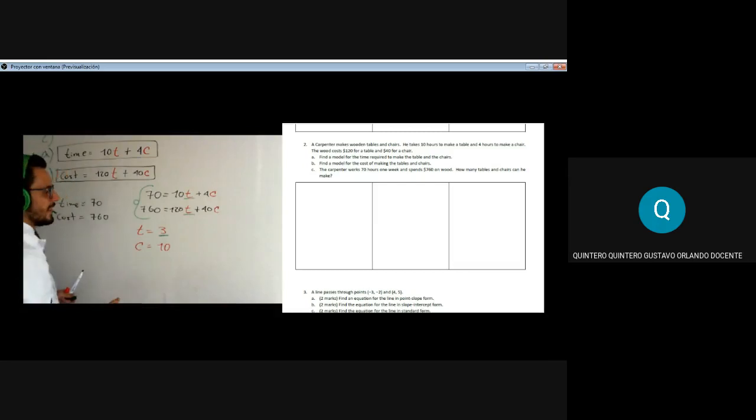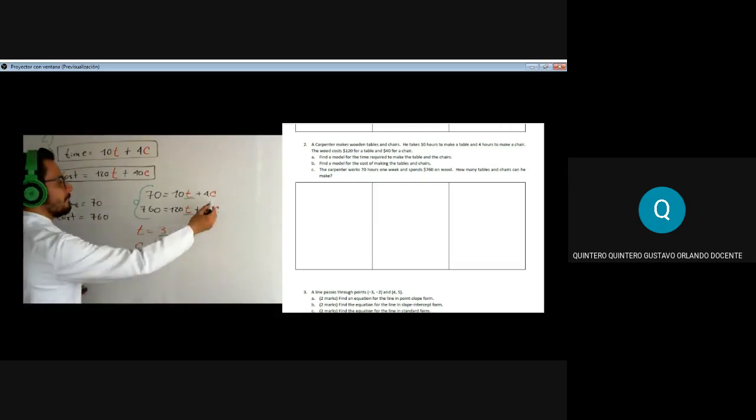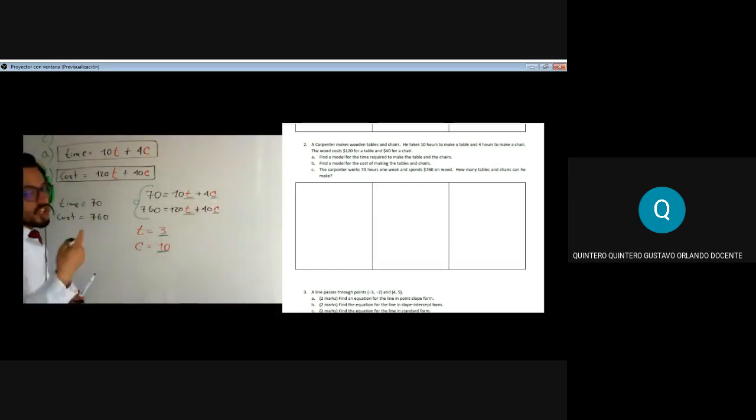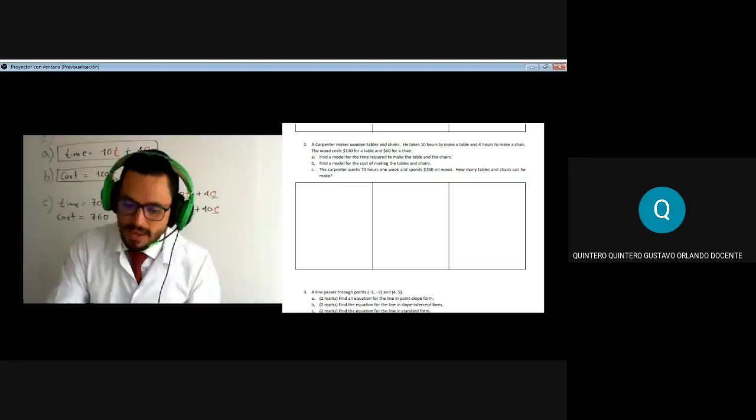What is that? Easy. Go ahead and replace the value of t by 3 and replace the value of c by 10. It should give you, in each equation, the value of 70 and 760. If it doesn't, then we made a mistake somewhere. All right, let's do it real quick over here.